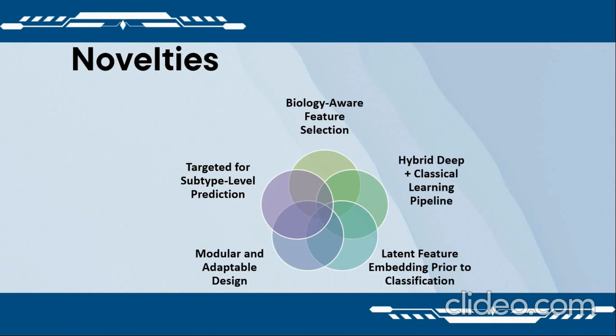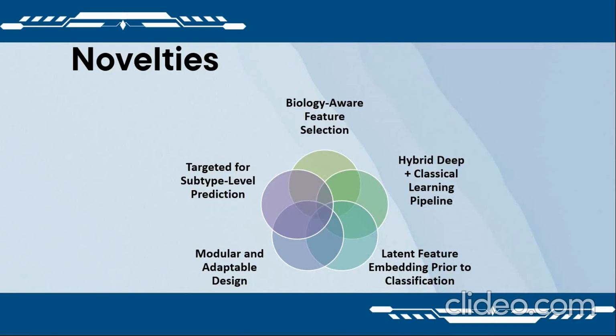Novelties. What makes our approach different? It comes down to five novelties. One, biology-aware feature selection. We choose features in the context of a real biological network. Two, a hybrid deep and classical learning pipeline, where deep learning handles complexity and classical learning provides clarity and stability. Three, latent feature embedding.